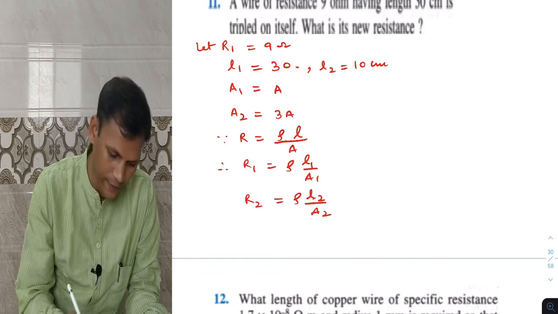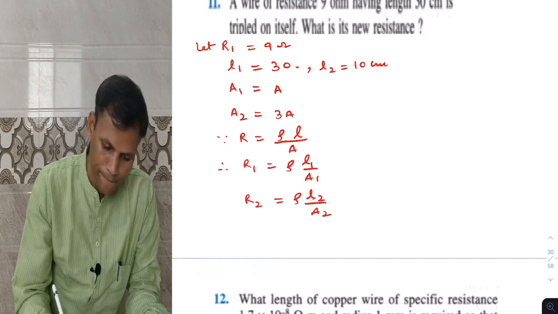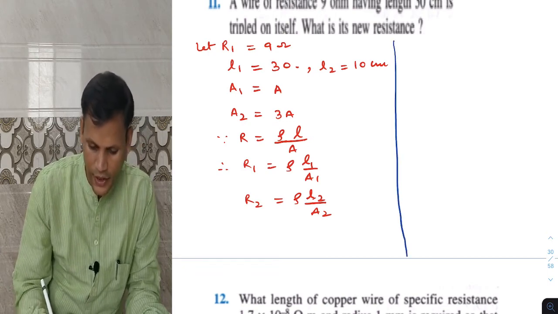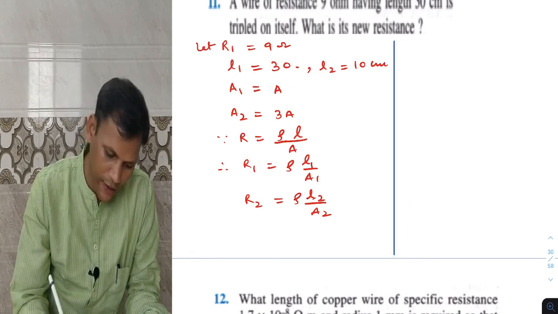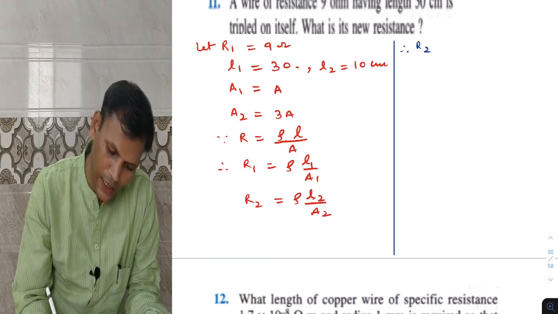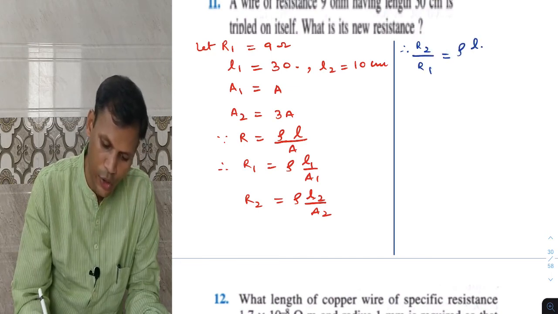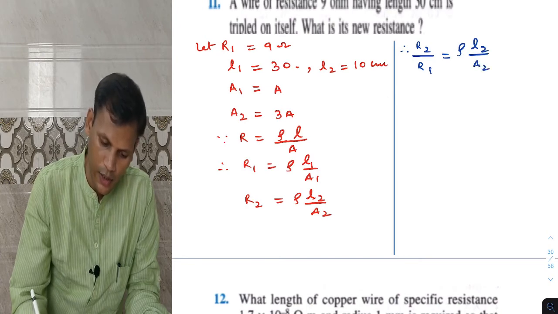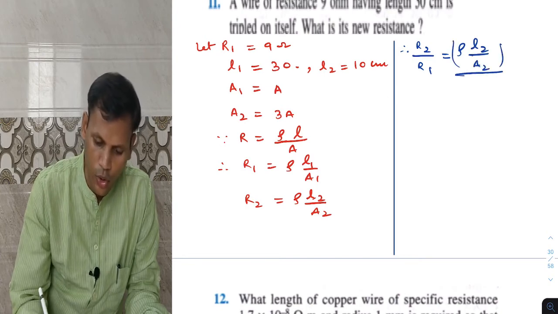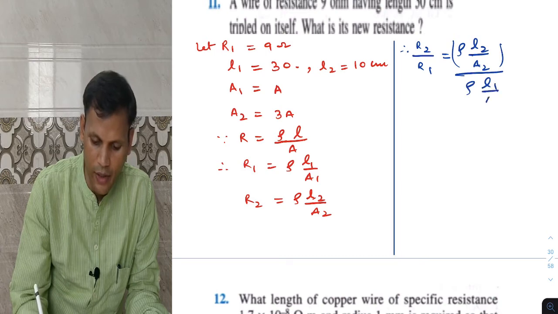Therefore R2 by R1, because R2 is to be found out, is equal to rho L2 by A2 upon rho L1 by A1.